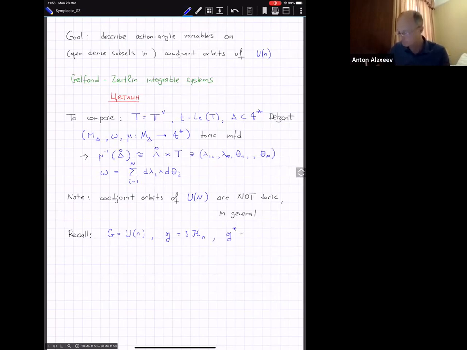The dual is identified with Hermitian n by n matrices. The pairing is the imaginary part of the trace. The coadjoint action is simply the action by conjugation.